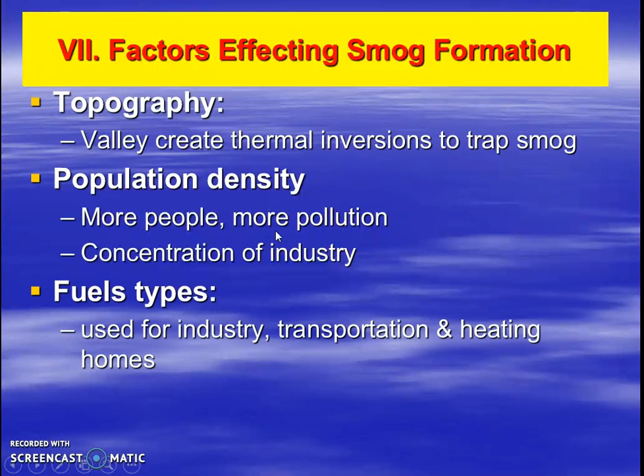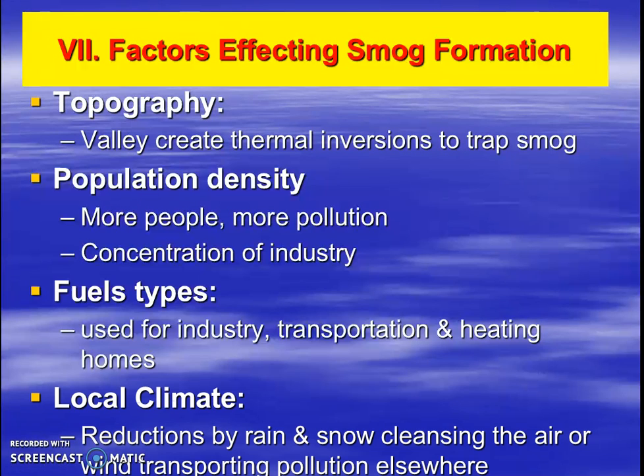And then if we're using fossil fuels and not making the decision to use renewables, that will be a problem that increases smog formation. And then local climate, because remember, if it's windy, it might move the pollution elsewhere, but that's not good. But if it rains or snows, it'll at least bring the pollutant down as acid rain. Not the best thing either, but it won't make as much smog.